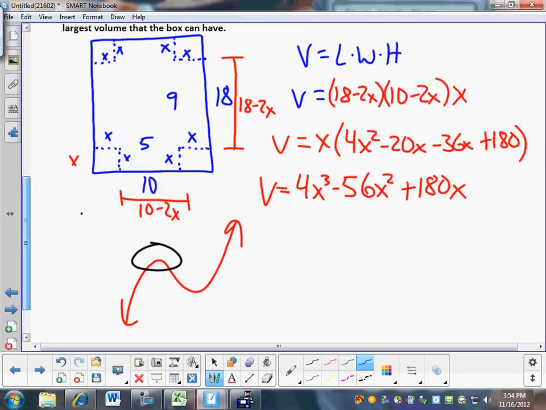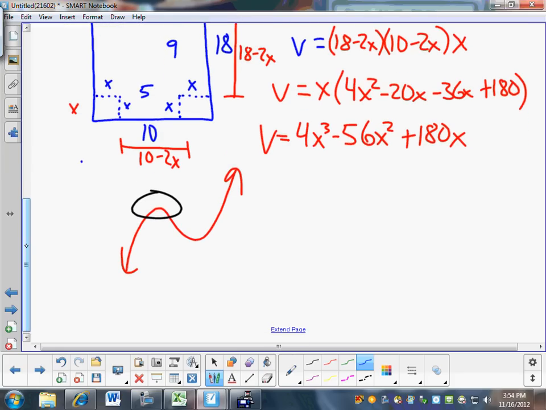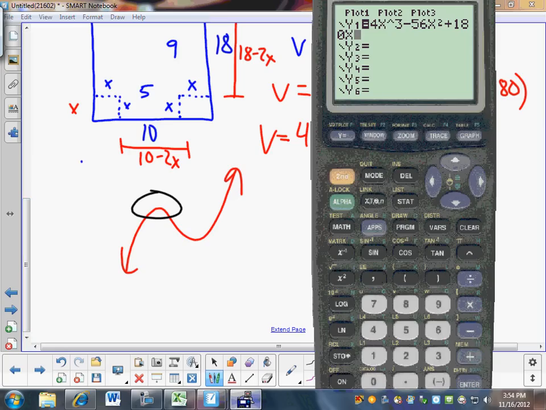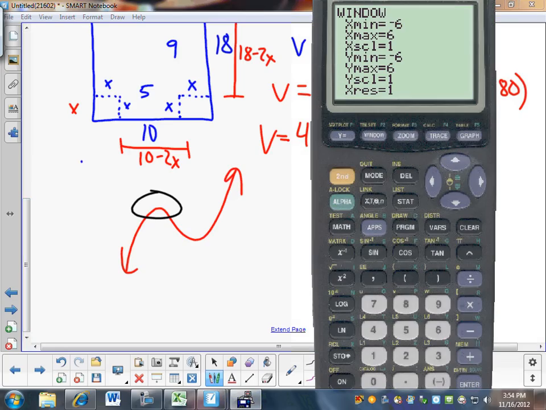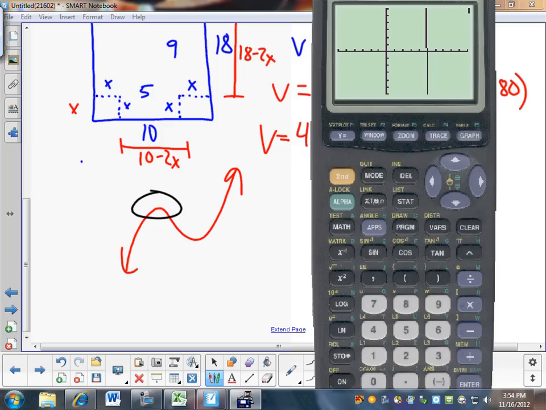So you can tell that 5 is really the biggest square that you could cut off, 5 by 5. So as long as I have an x maximum value of 6, that should be fine. I'll just go up to 10 for good measure. But y values, who knows? Let's graph this thing and see if we can get an idea for what's happening.